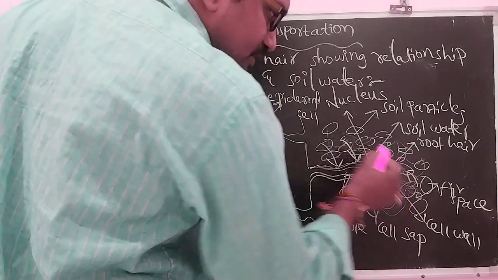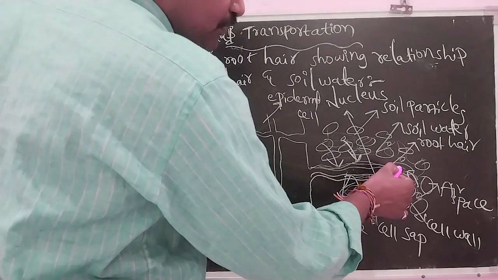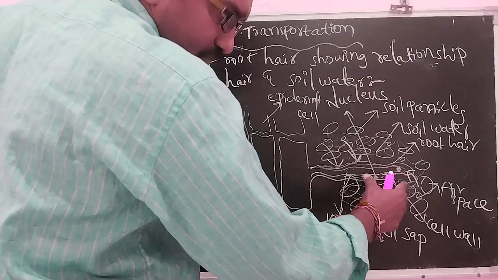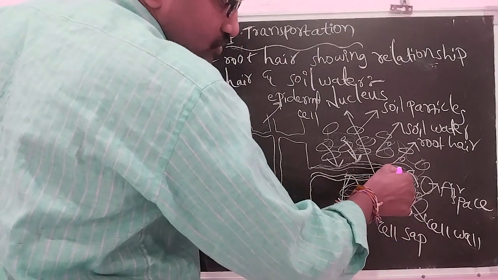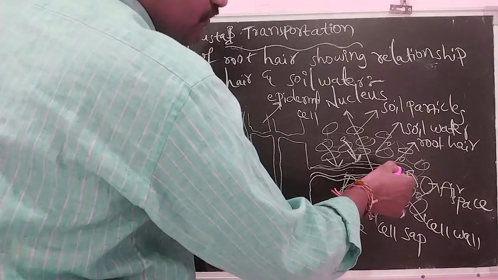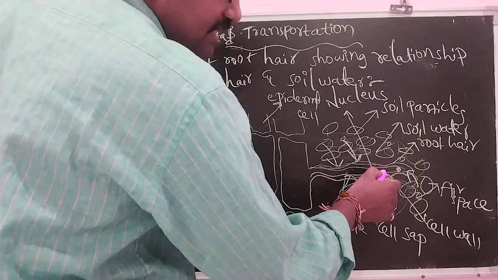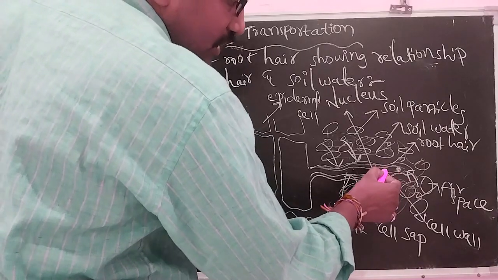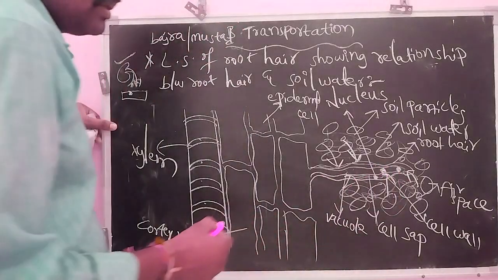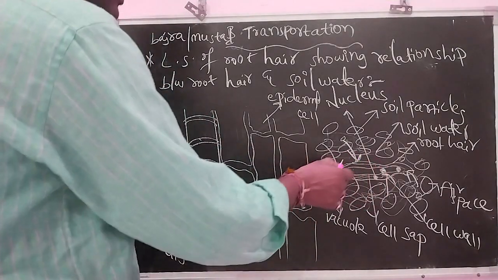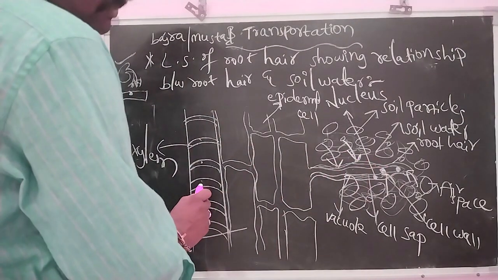There are many root hairs. When water enters the vacuole, a difference occurs with the neighboring cell, so the water moves to the neighboring cell, and finally reaches the xylem vessels.